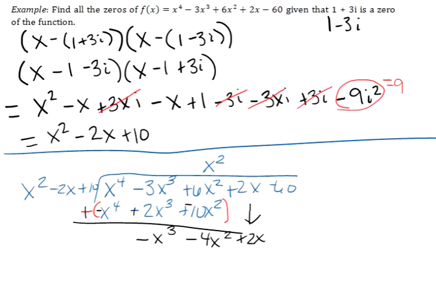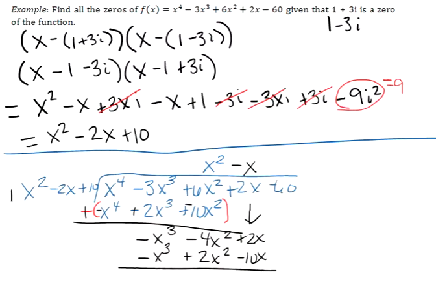x squared goes into negative x to the third minus x times. Negative x times x squared gives us negative x to the third. Negative x times negative 2x is going to give us plus 2x squared. And negative x times 10 is going to give us minus 10x.